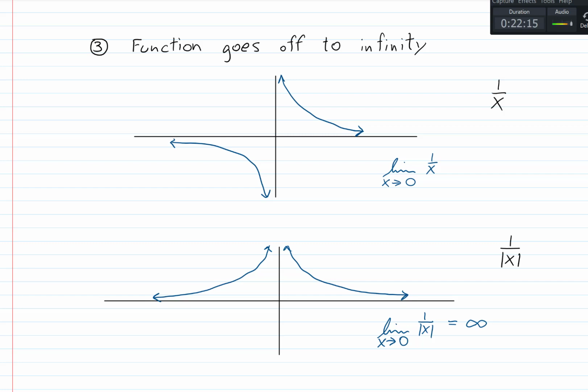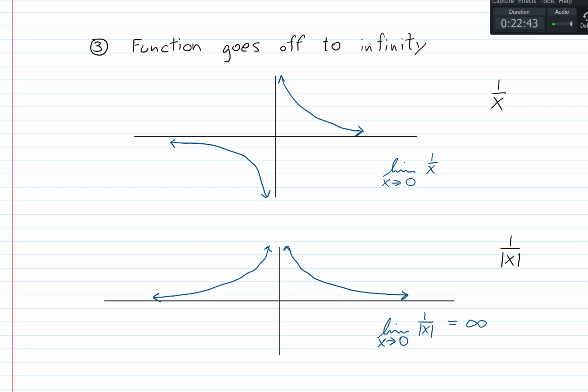I said, the function is approaching the number infinity as x approaches 0. So what's wrong in that sentence is I said the number infinity. Infinity is not a number. So if the function's approaching infinity, it's not approaching a number. And so technically that means there's not a limit.